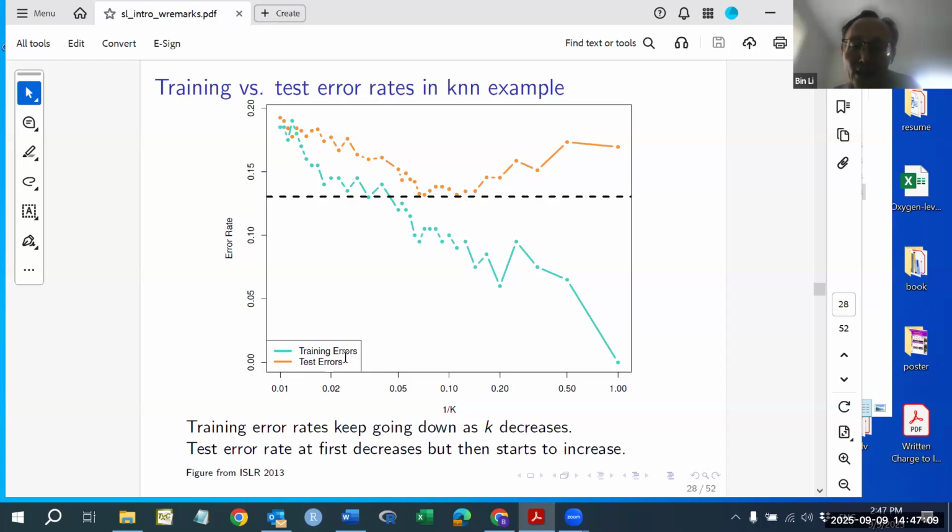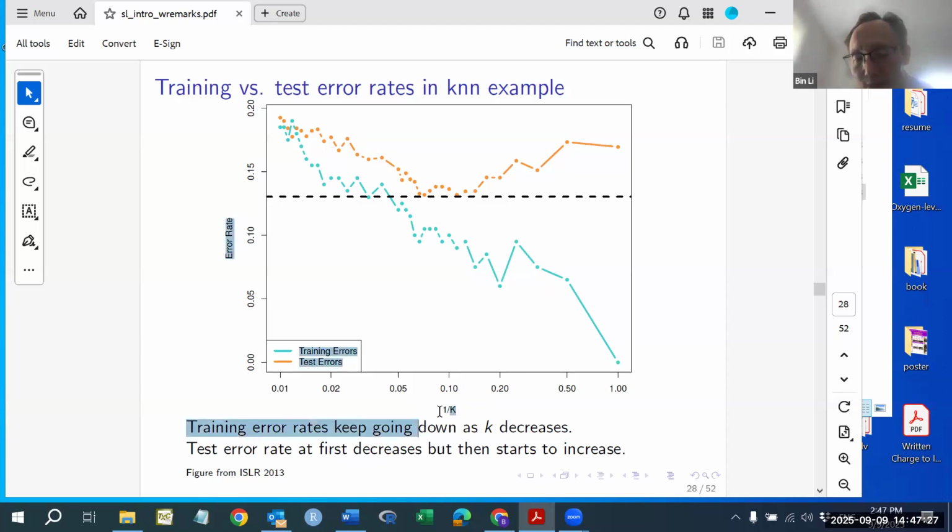And this shows the training and test errors in the KNN case. Although the line is not perfectly monotone for the training error, the trend is that the model gets more complicated. Why do I say the model is more complicated?